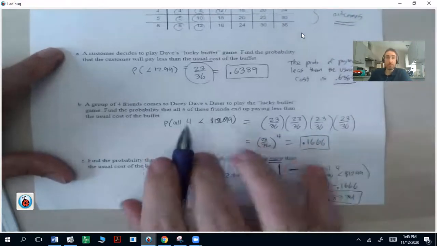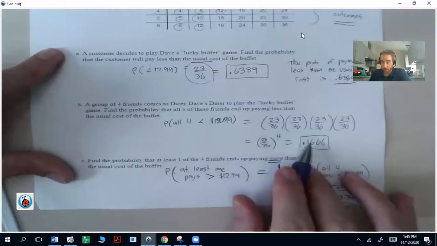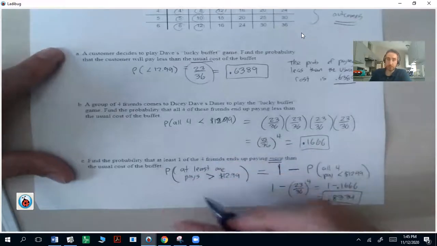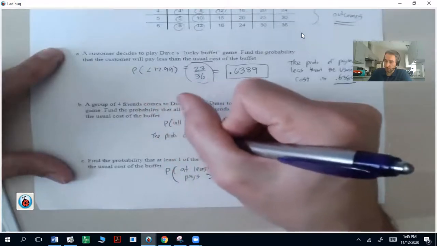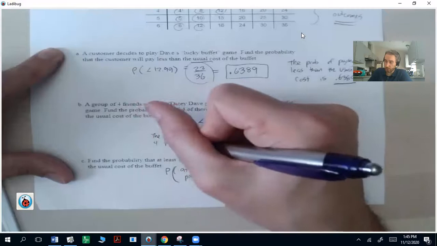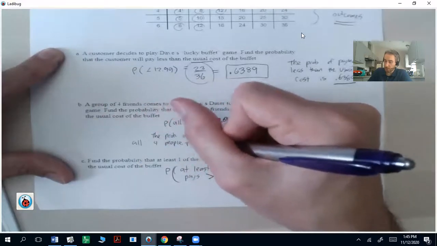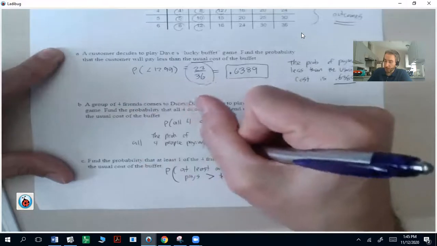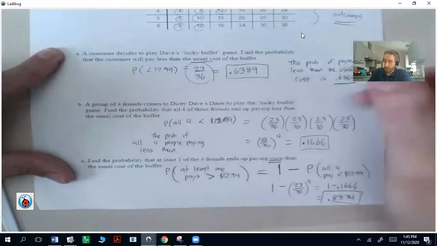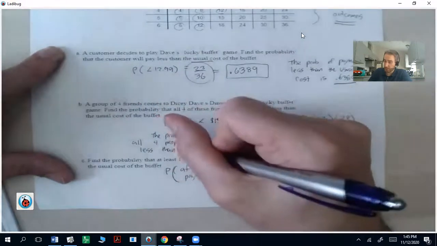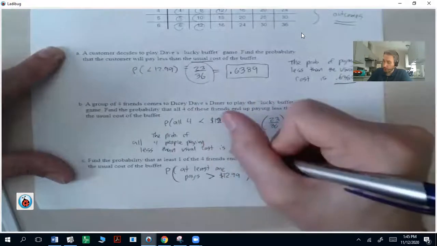The probability of all 4 people paying less than $12.99 is 0.166.